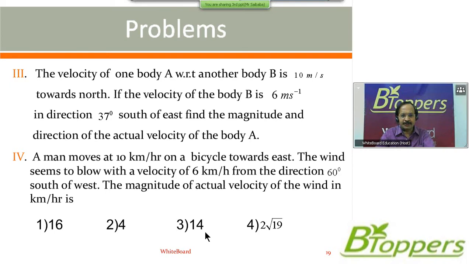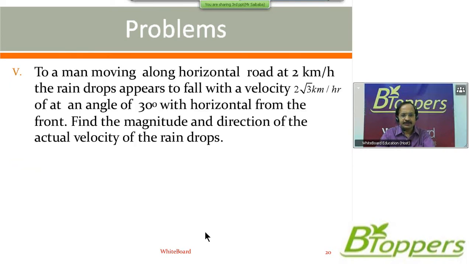Next, you look at the next problem. Problem number 5. To a man moving along a horizontal road at 2 km per hour, the raindrops appear to fall with a velocity of 2 root 3 km per hour at an angle of 30 degrees with the horizontal from the front.